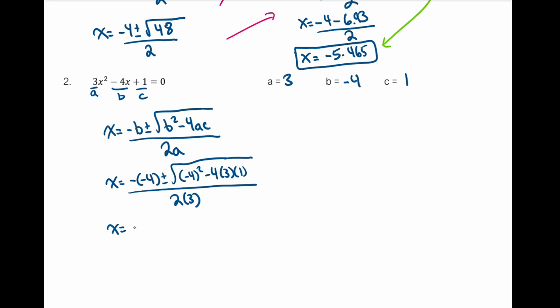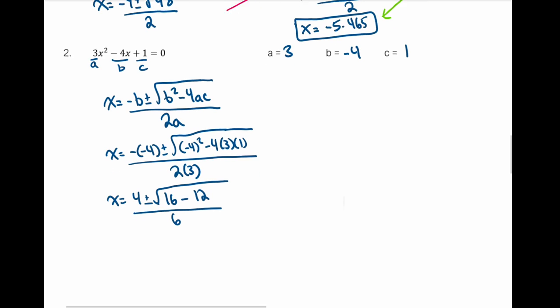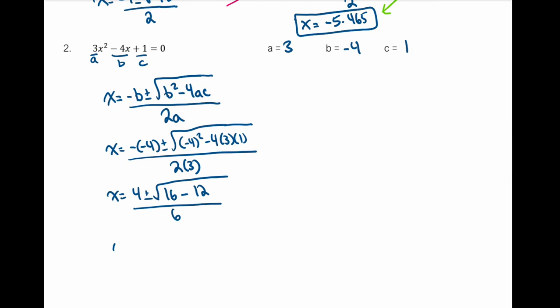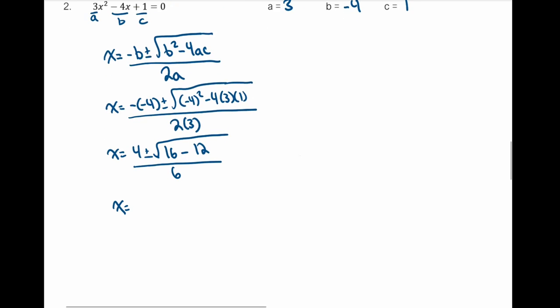I'm going to work on simplifying some things. Negative 4 is just positive 4, plus or minus the square root of 16, minus 4 times 3 times 1, which is 12, divided by 6. Again, I can keep on simplifying this.